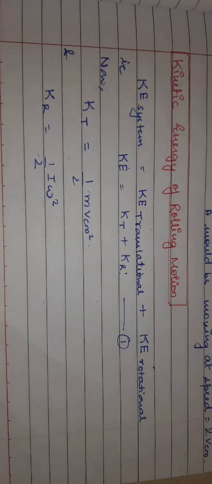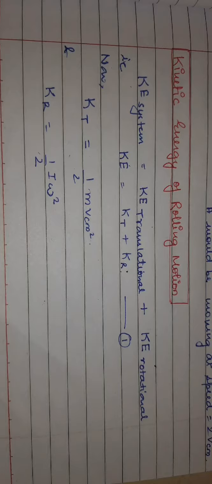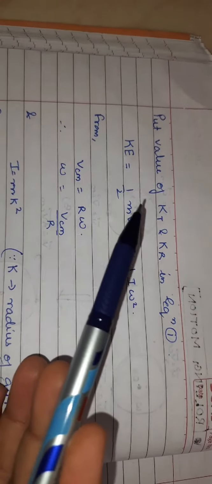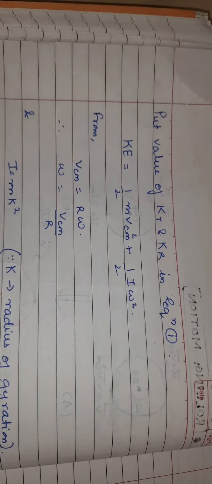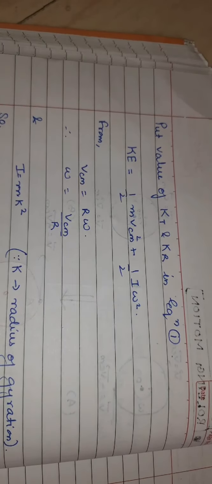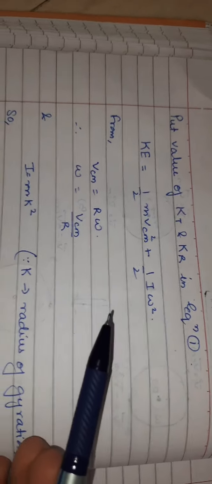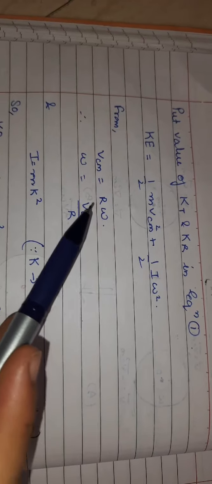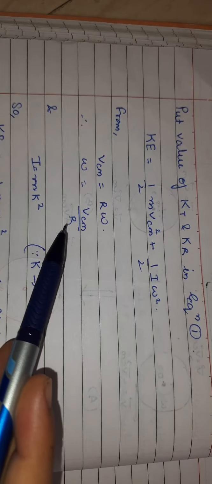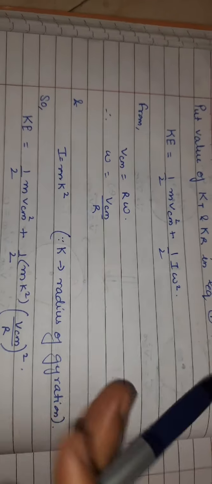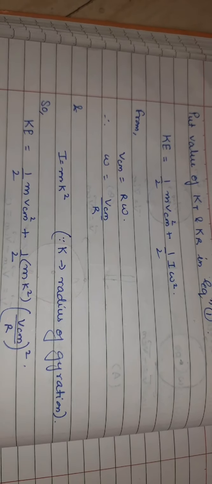Now I will keep both the formulas in the first equation and then simplify it further. We put the values of Kt and Kr in equation 1, and we get the kinetic energy equal to half mv square plus half I omega square. We know from vcm equals r omega that I can put the value of omega in terms of velocity and r, and in place of inertia I can put m k square, where k is the radius of gyration.